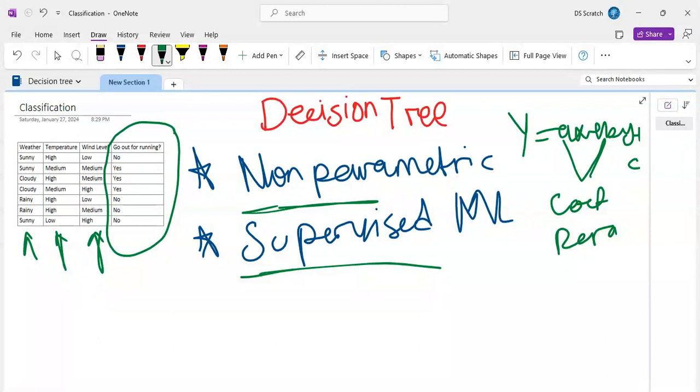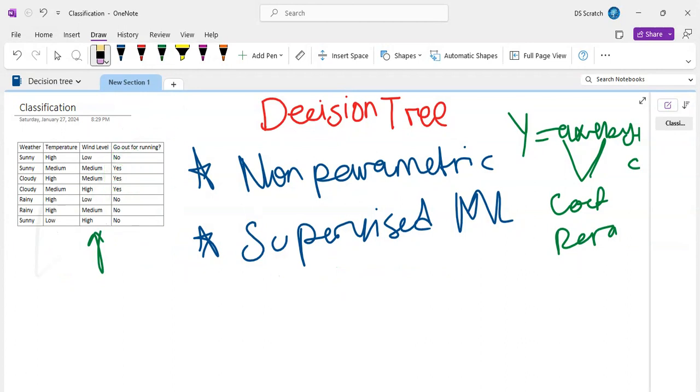So we are predicting if someone will go out for running or not, using some features. Then it's called a supervised machine learning algorithm, like linear regression or logistic regression. But unlike clustering, where there is no label and no output, that's called an unsupervised machine learning algorithm. And the decision tree is a non-parametric and a supervised machine learning algorithm.